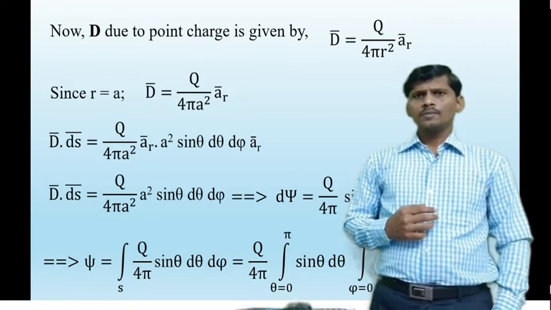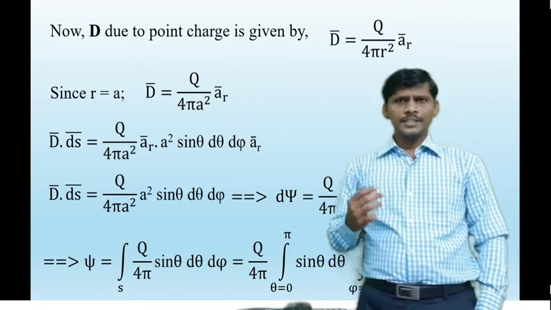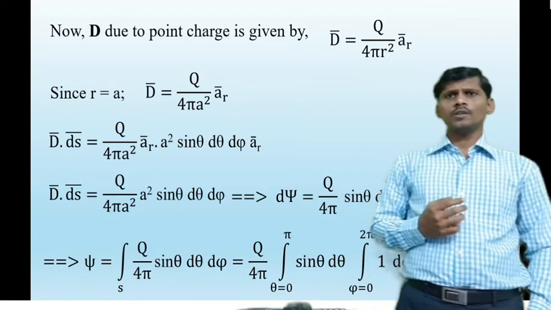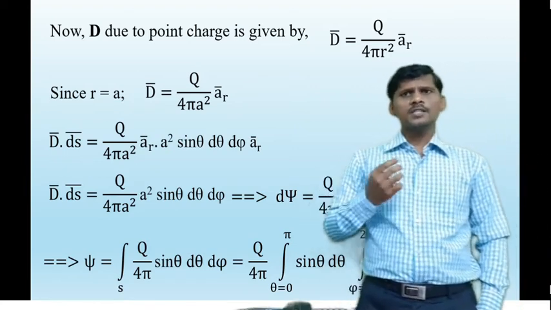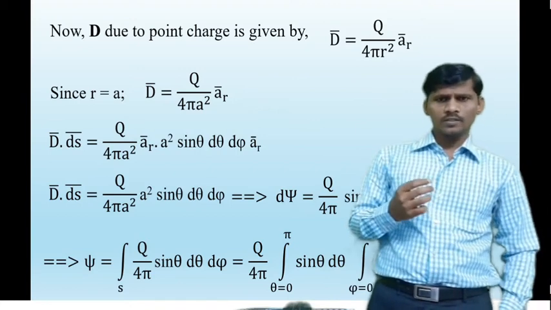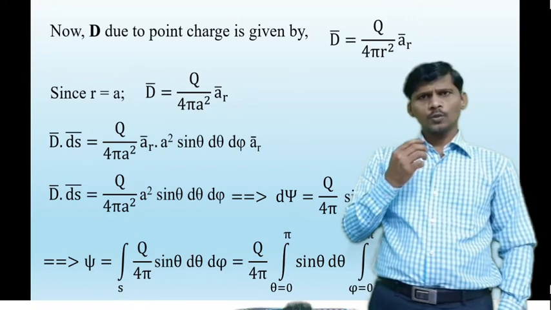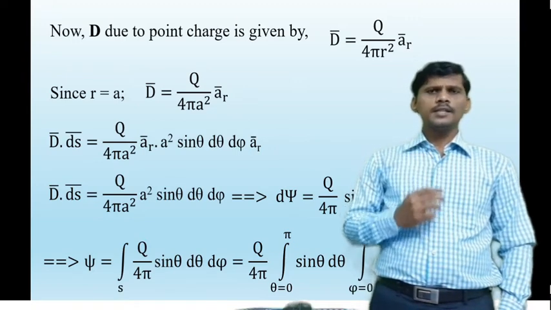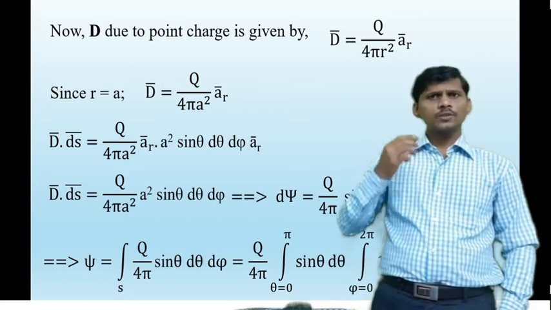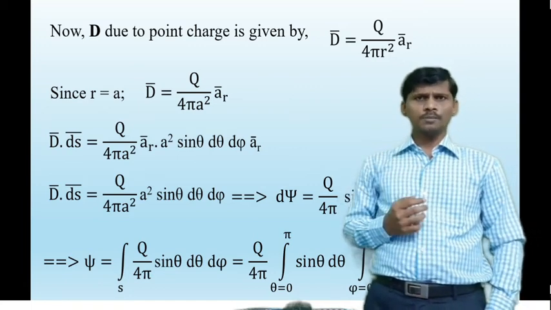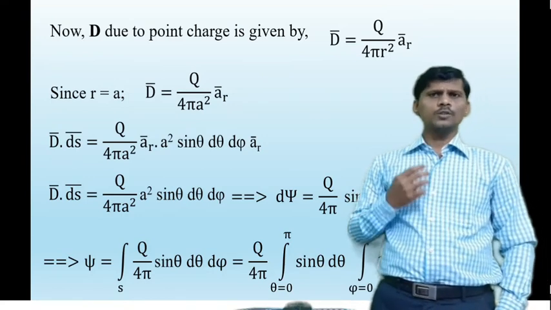Now here we have d theta and d phi. In spherical coordinate system, theta varies from 0 to pi and phi varies from 0 to 2 pi. Therefore, Q by 4 pi integral theta is equal to 0 to pi sin theta d theta, integral phi is equal to 0 to 2 pi of 1 d phi. Integral of sin theta is minus cos theta over 0 to pi.